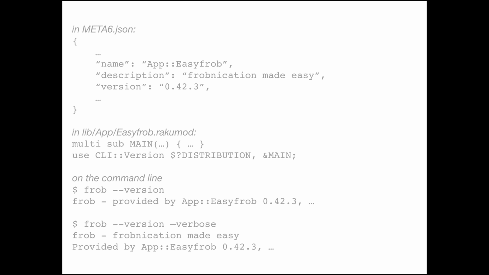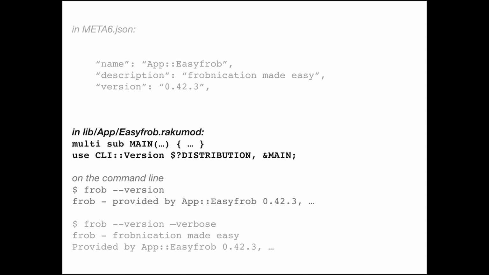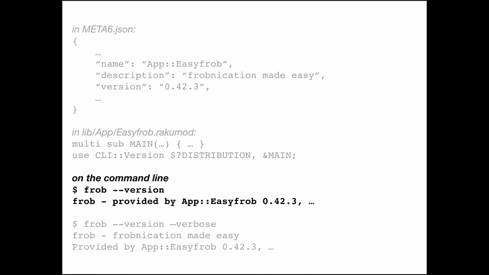So suppose we have this in our meta6, the name, description, and version, and we basically say use CLI version, distribution, and main, because it takes the information from the distribution and puts it in as an extra candidate in the main sub. So you can actually say on the command line frob --version.